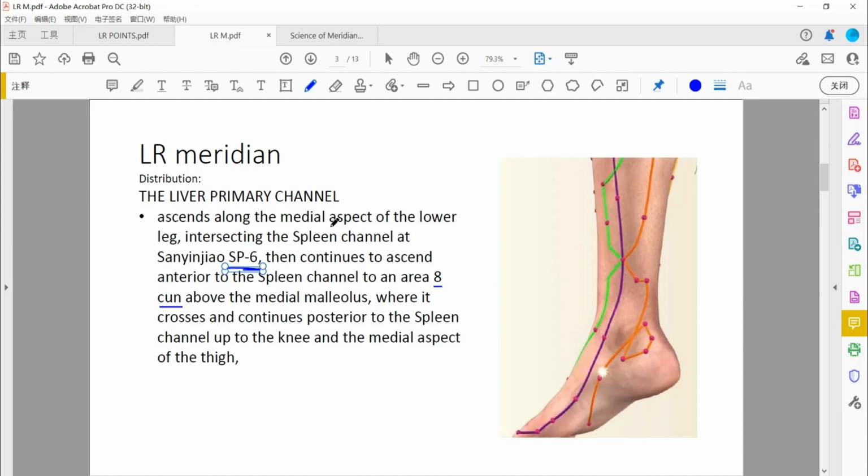From the description, 三阴交 is the crossing point of the three foot yin meridians. They all cross on this point, SP6.